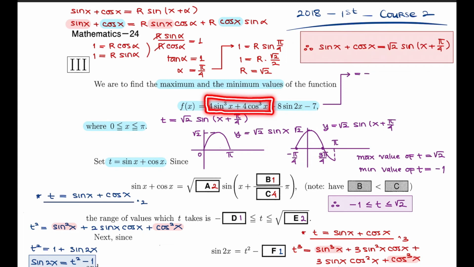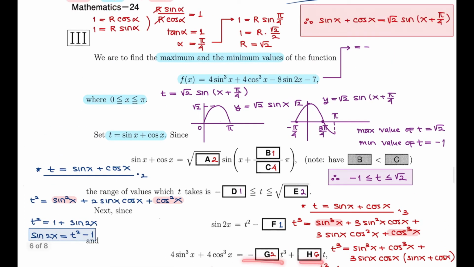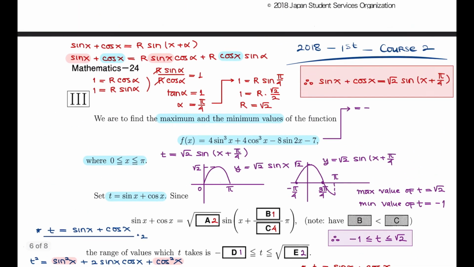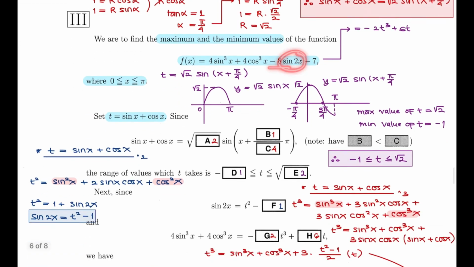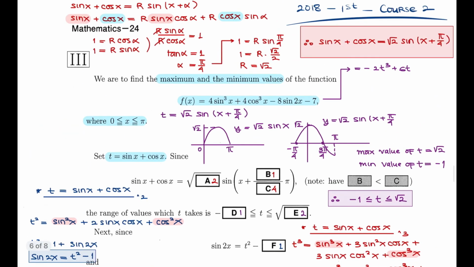We already get 4 sine cubed plus 4 cos cubed equals negative 2t cubed plus 6t. And then negative 8 sine 2x. Sine 2x is t squared minus 1. Negative 8 times t squared minus 1. And then the last one is minus 7.